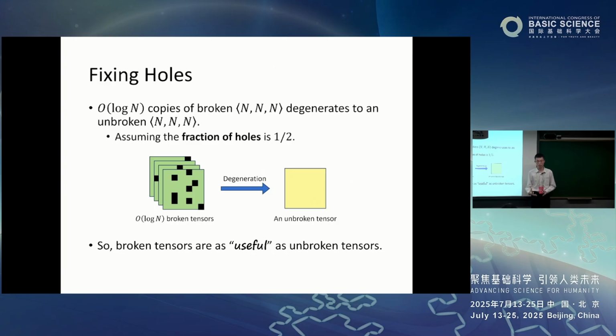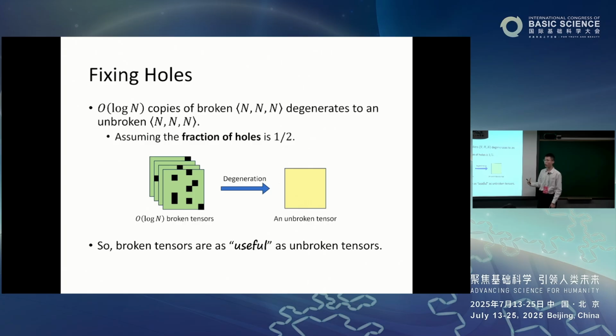Surprisingly, broken tensors and unbroken ones are almost equivalently powerful. Let's suppose that we have order log n copies of a broken matrix multiplication tensor, and in each tensor, a random half of the output entries become holes, so we cannot get the answers.